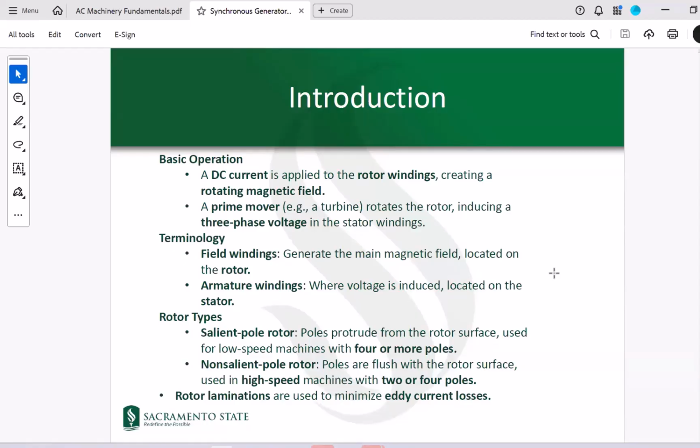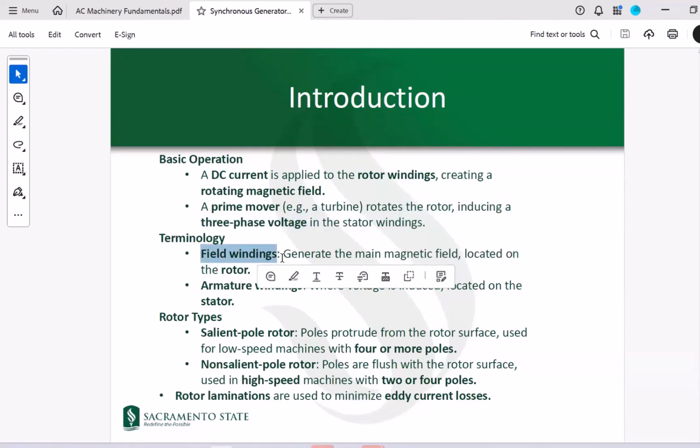That rotation would create a sinusoidal pattern of flux changes around the circumference of your stator, which will cause sinusoidal voltages and currents to be induced on the stator of your generator. So the prime mover rotates the rotor, inducing a three-phase voltage in the stator windings.